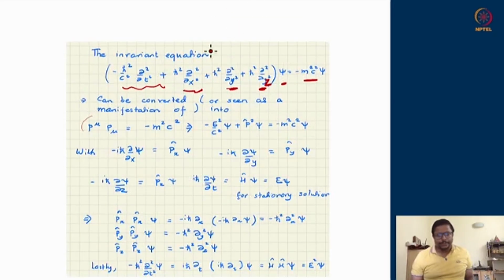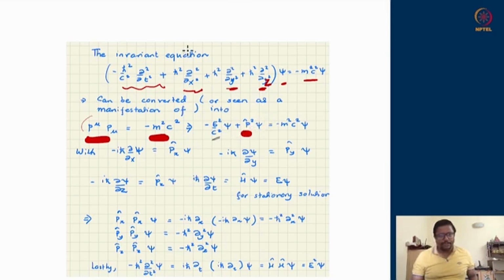So now we can see that these objects are invariant objects, and if I convert things into the components, let us say it had a component p0 which can be written as minus e square upon c square, if you recall. Then the remaining three spatial p1, p2, p3, which will appear as p square, as we have seen over here.